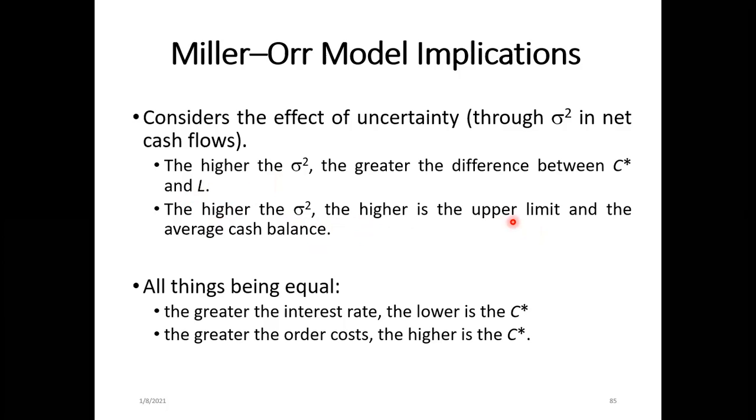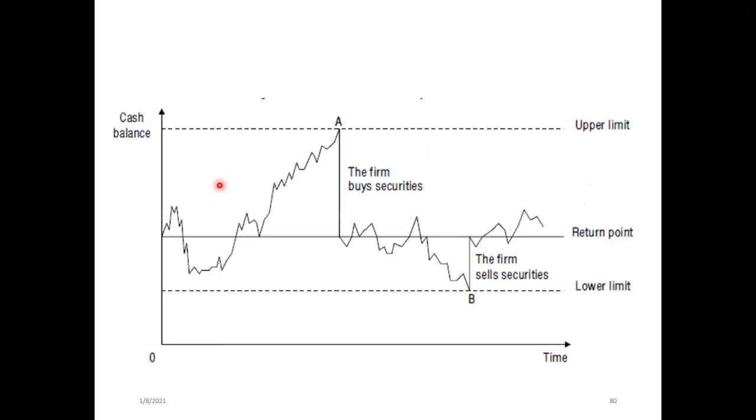and the average cash balance. So there are 4 balances. First, the optimum balance and the lower balance. If the variance is high, the distance between them will be high. If the variance is high, this line will go up here and this line will go down here.